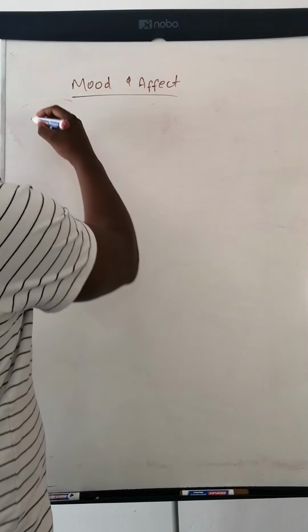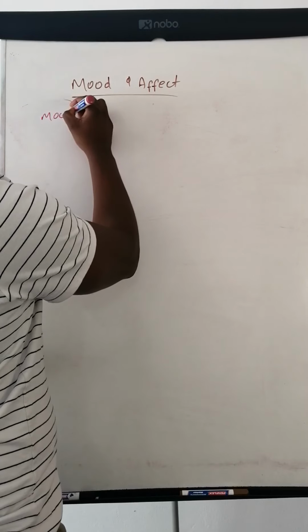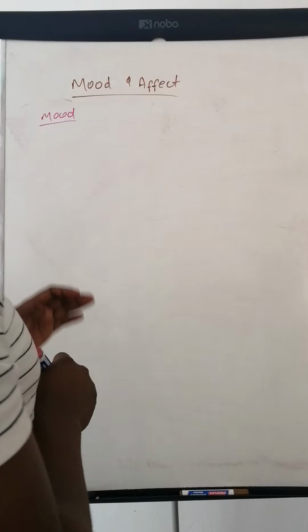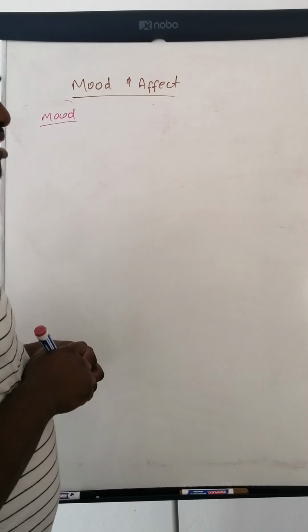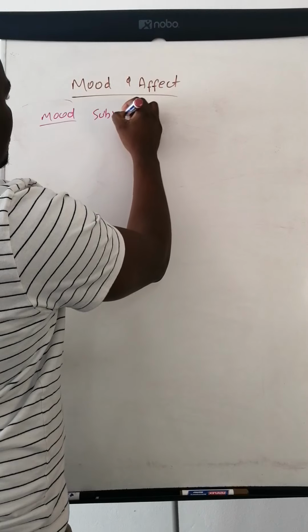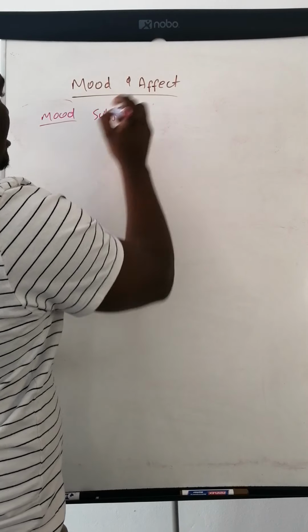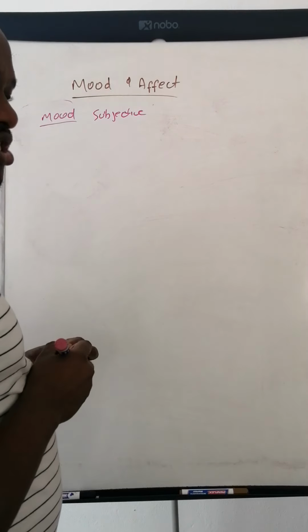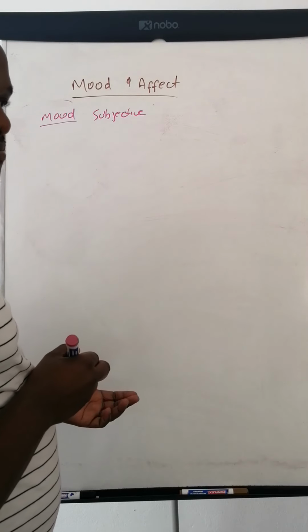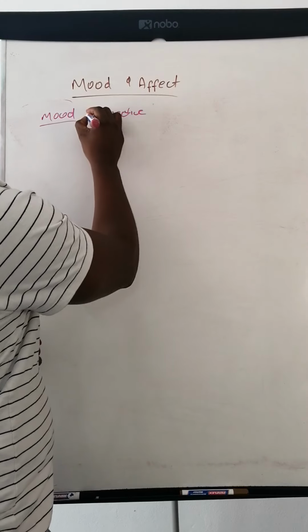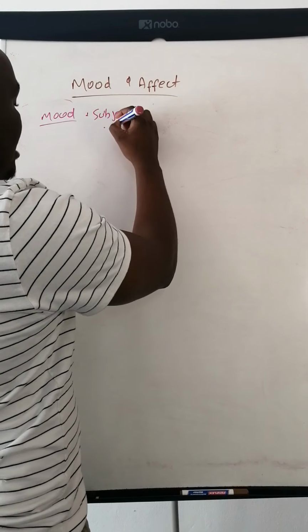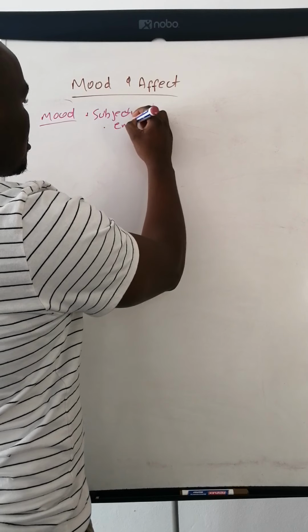So guys, what is a mood? A mood is a subjective description of how the patient is feeling. So it's a patient saying to you, you know, doc, I feel empty.